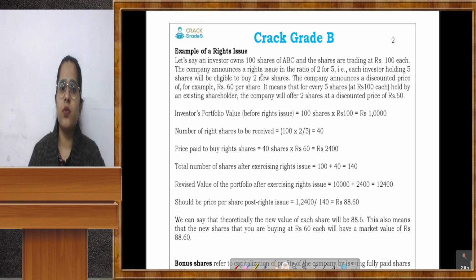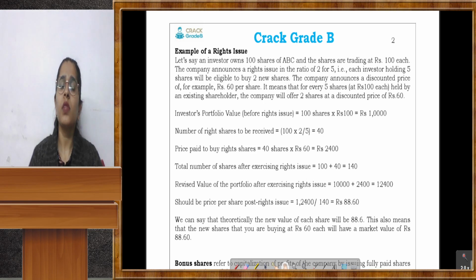The company announces a rights issue in the ratio of 2 for 5. It means each investor who holds 5 shares will be eligible to buy 2 new shares. So this is the ratio which the company has used, that any shareholder who has at least 5 shares in our company will get 2 shares as a rights issue.